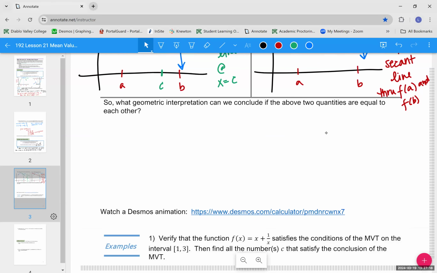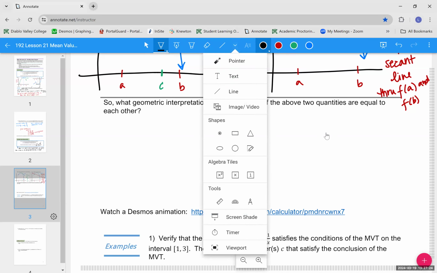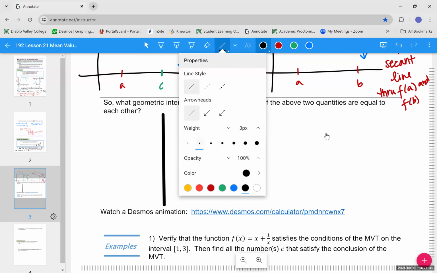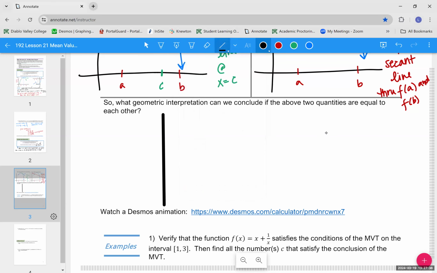And if they are equal to each other, my final picture, see if I can actually get my line tool to work. It'd be nice if it was maybe not quite so wide.